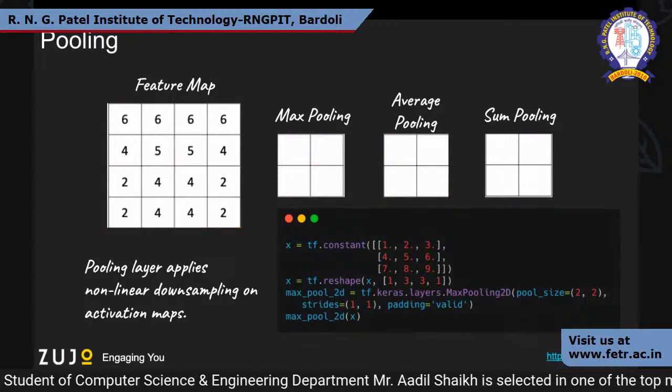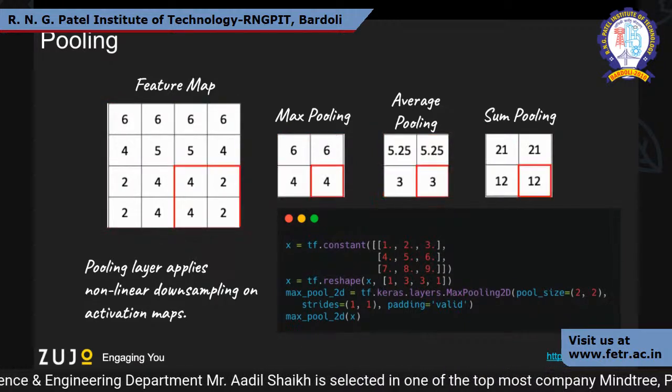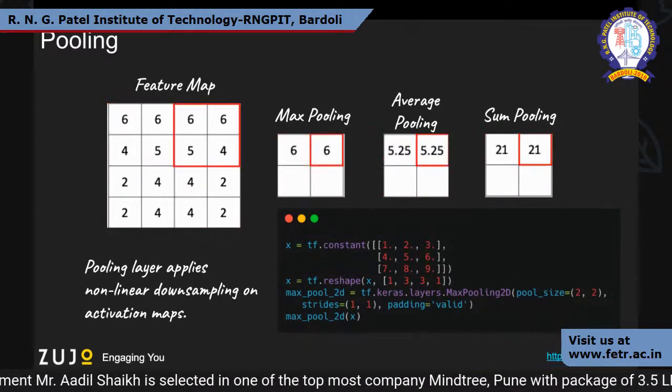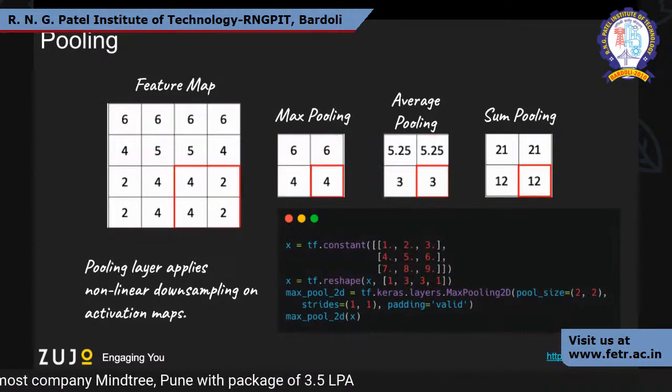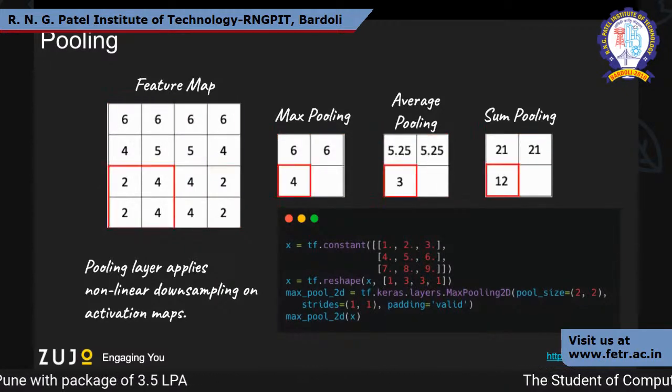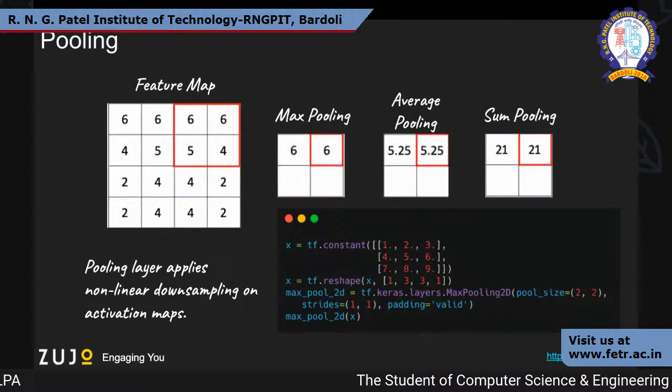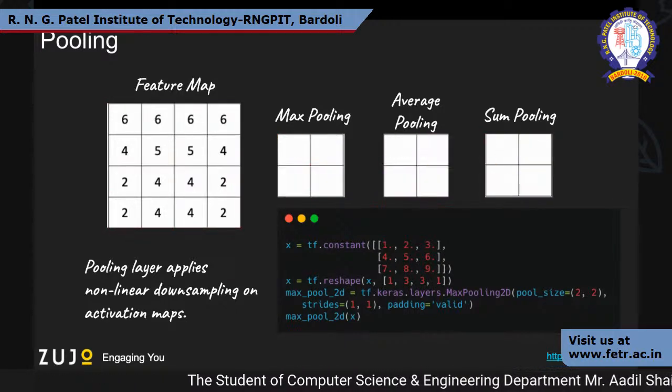The first 1 means only one element, and 3 by 3 is the size of the vector, converted into a single channel rather than 3 channels, right? That is the reshape part.